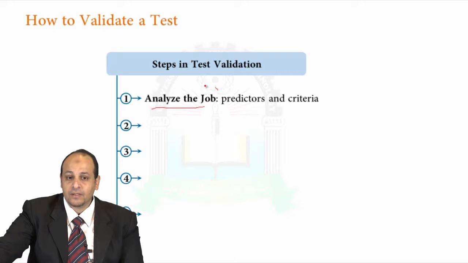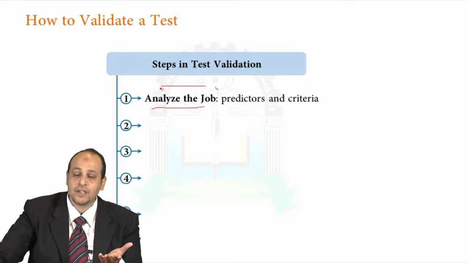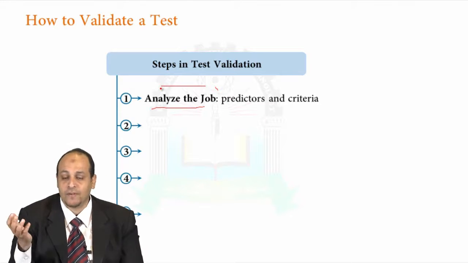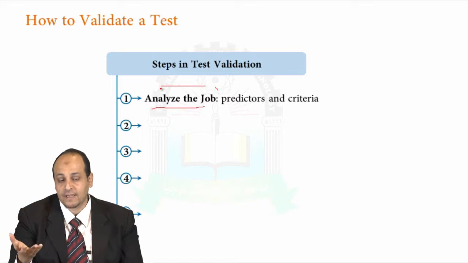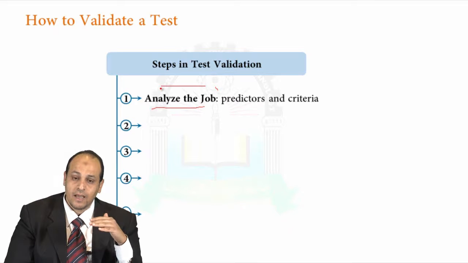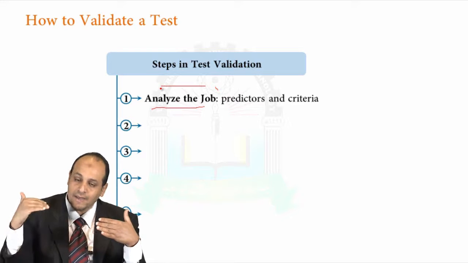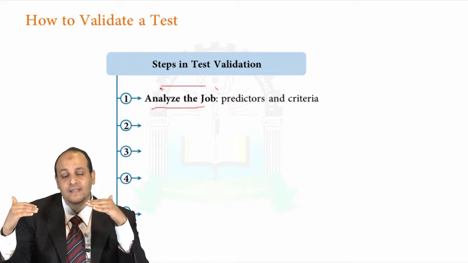Because without the analysis of the job, without the job specification and the job description, you cannot actually test employees. Remember, when we talk about validity, it is you testing what is supposed to be tested. So we need to know the standards through which we can match the candidate's behavior during the test with the already set standards.